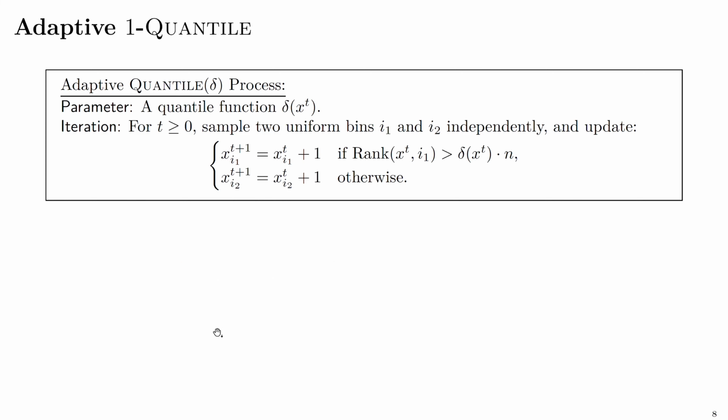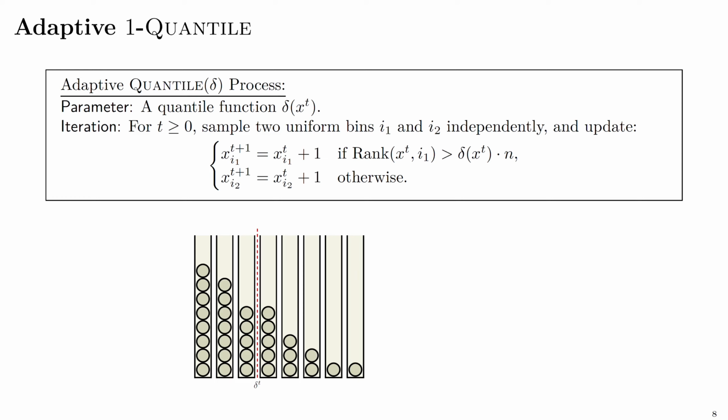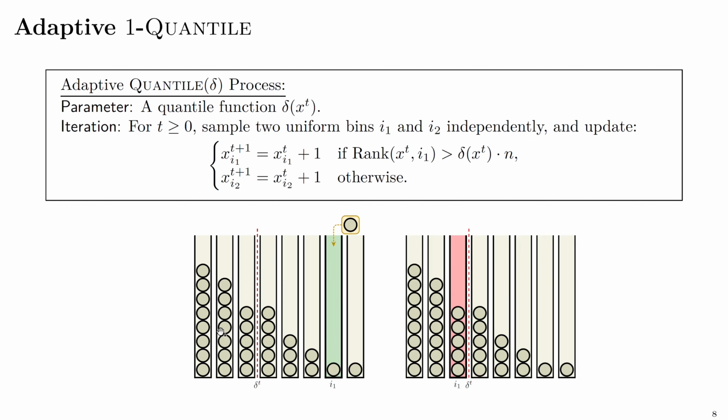A related process is the Adaptive One-Quantile process. In this process we pick a quantile based on the entire load distribution, and if the bin is on the right of the quantile, then we accept. Otherwise, we take another sample.